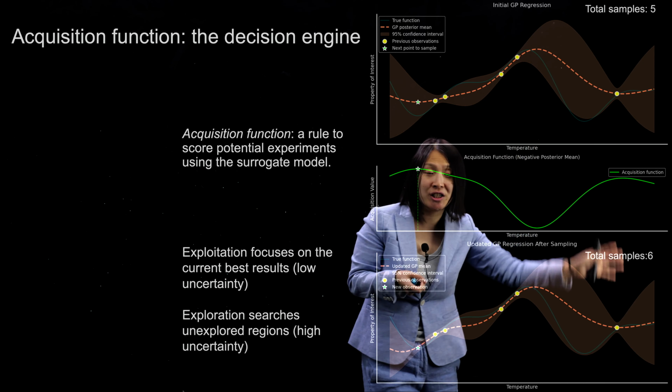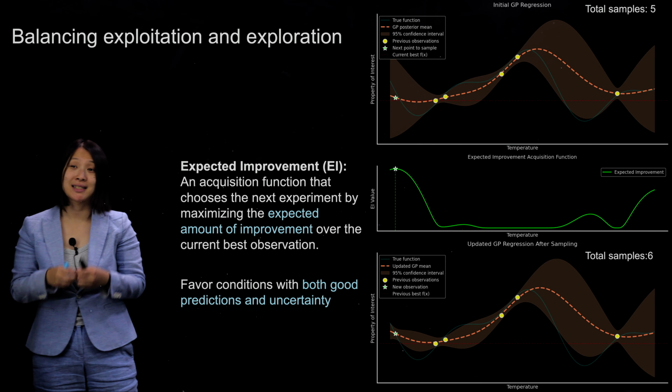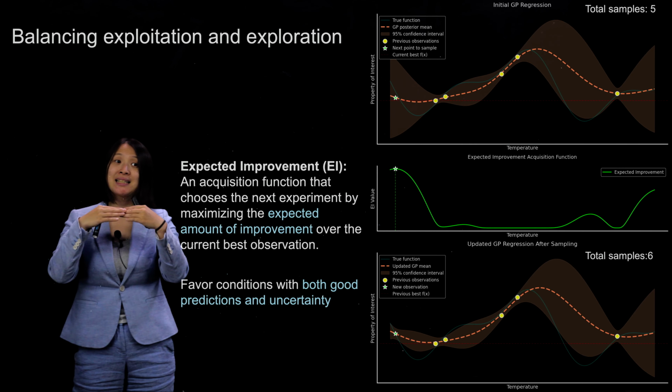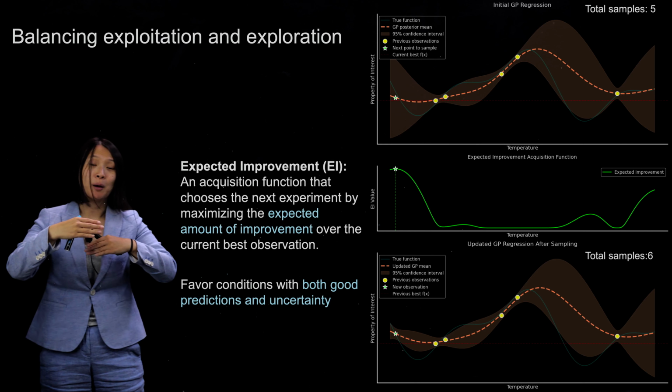With that in mind, many state-of-the-art Bayesian optimization frameworks choose acquisition functions that balance exploration and exploitation. A popular acquisition function is called expected improvement. This acquisition function chooses the next experiment by maximizing the expected amount of improvement over the current best observation.